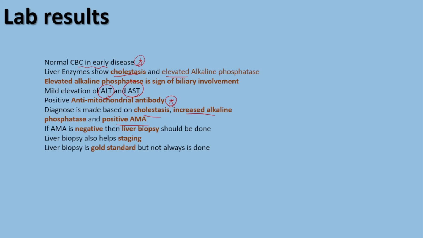So you will have to do liver biopsy of intrahepatic bile duct in order to diagnose and see biliary cirrhosis. And also note that liver biopsy also helps the staging of the disease, and it is gold standard, but this is not a test that you always do. So if the AMA is positive, this is just enough to make the diagnosis of primary biliary cirrhosis.